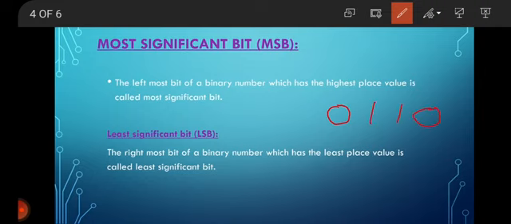This is a binary number. Later we will discuss what it represents, that is, its corresponding decimal number. Its corresponding decimal number is 6.